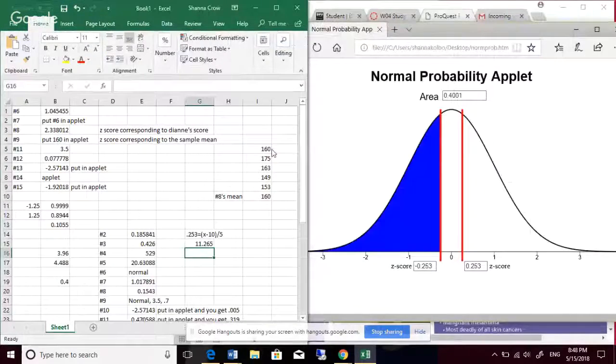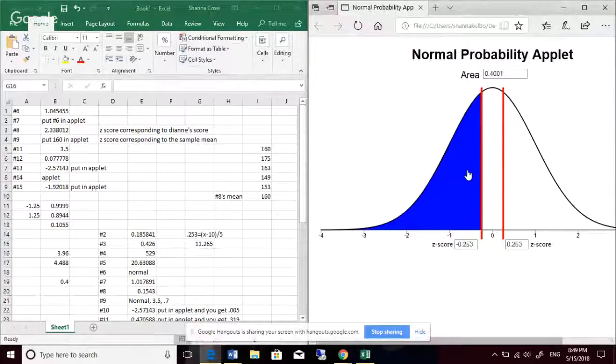Oh, I put the decimal in the wrong place, I think. Maybe.